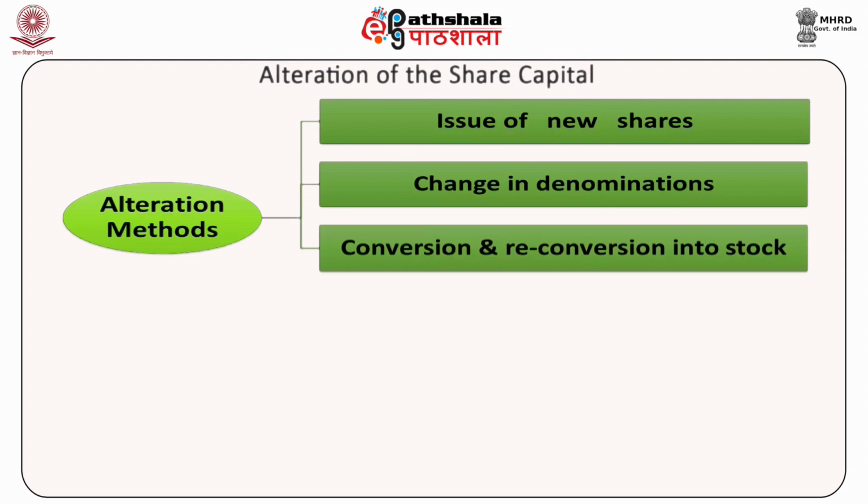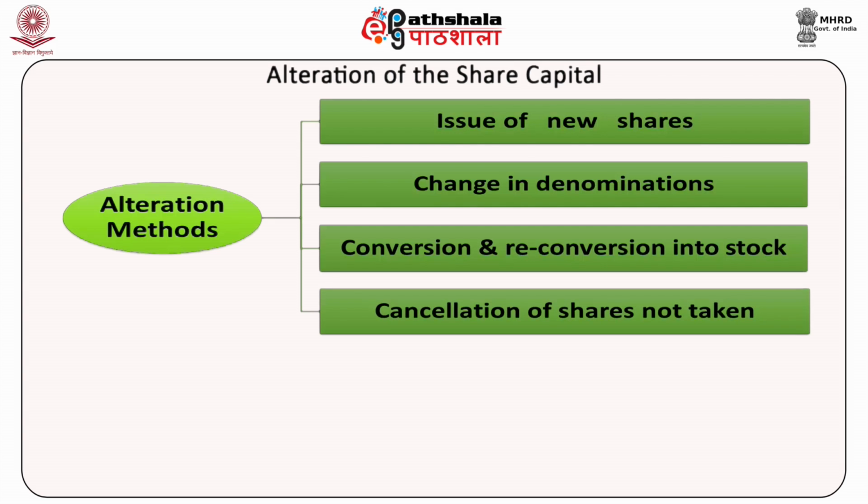C. Convert its fully paid up shares into stock and reconvert that stock into fully paid up shares of any denomination. And D. Cancel shares which have not been taken or agreed to be taken by any person and diminish the amount of its share capital by the amount of shares so cancelled.